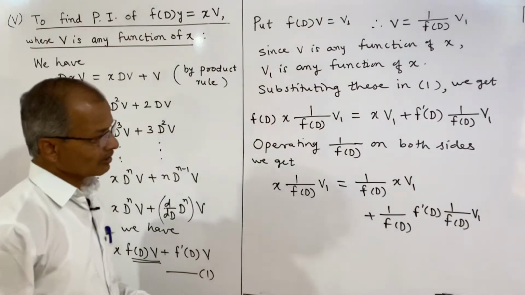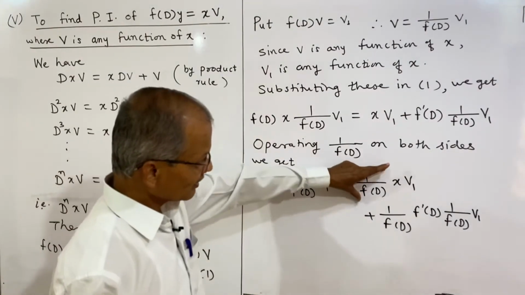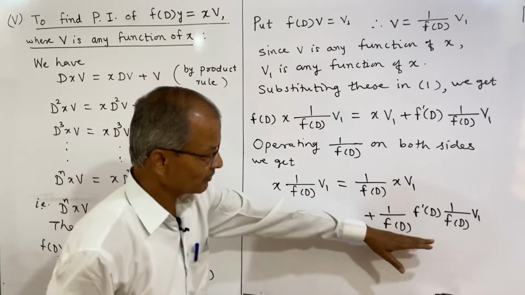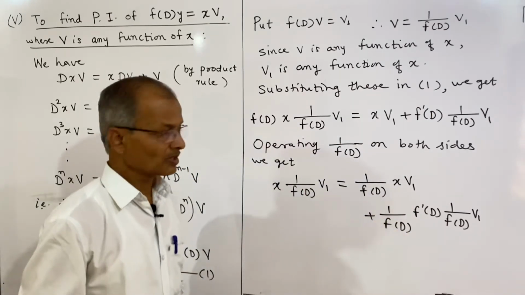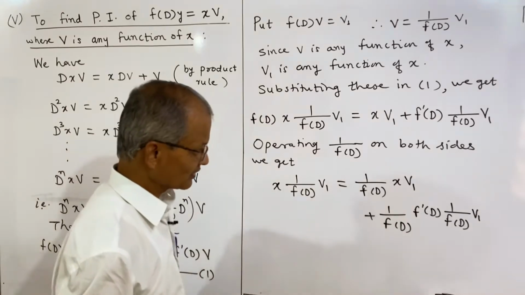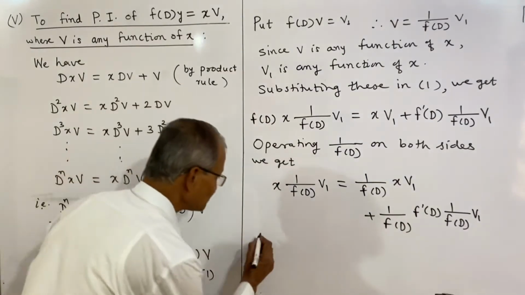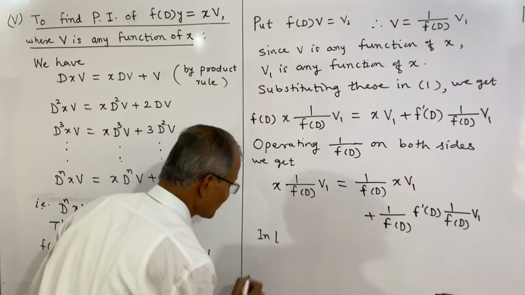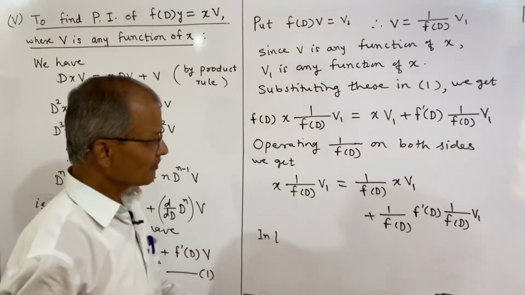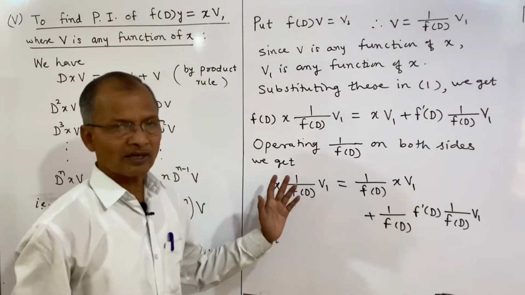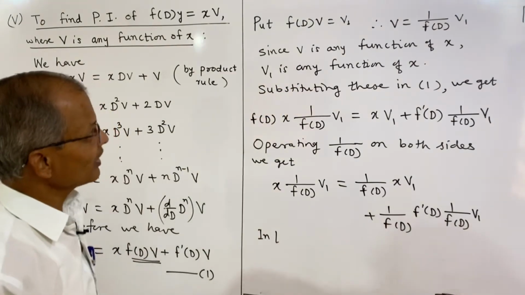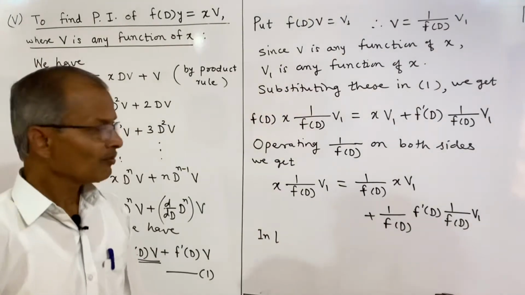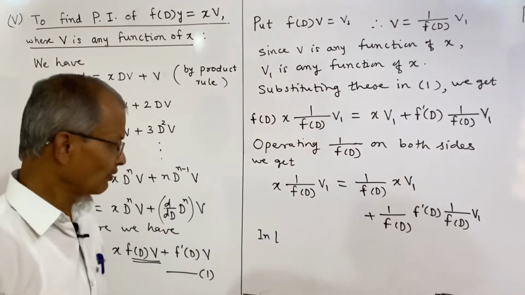Now what we shall do is keep this term as it is and shift this term to the left side, and then interchange the sides. Because v1 is any function of x, and v is also any function of x, we can rename v1 as v only.